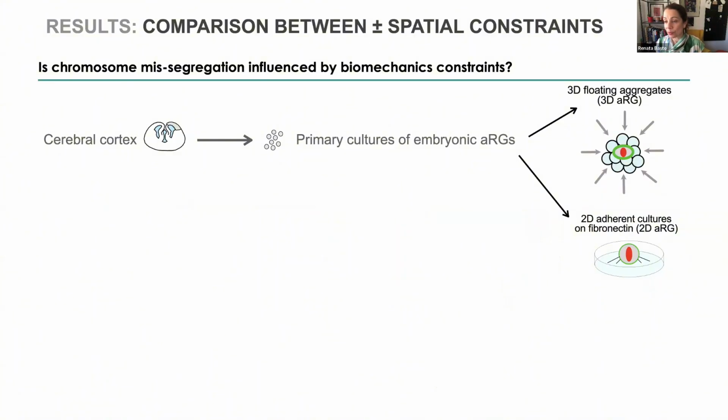So here I want to really stress an important point: we have embryos, we dissect their brain and put these cells in culture in a way that favors their proliferation. The exact same culture, coming from exactly the same animals, is then put into these different modes of culture.